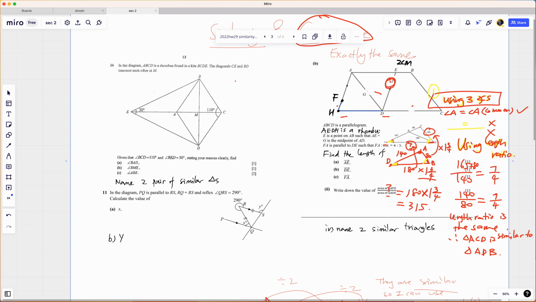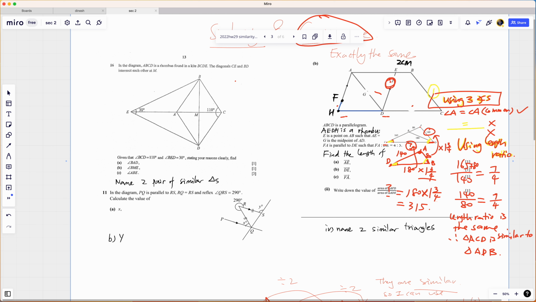For A. Then BME, where's BME? Can you label BME? Why don't you use your stylus? Okay, so what is this angle? Right angle.